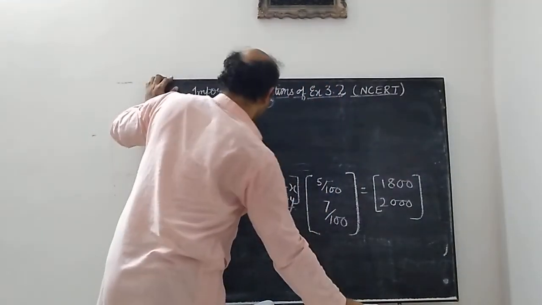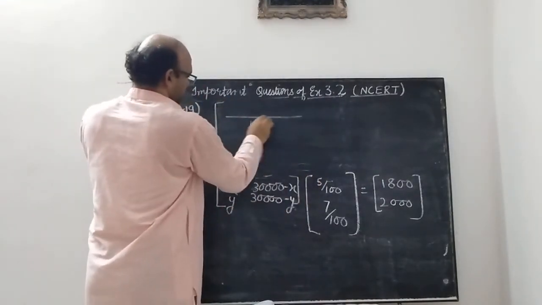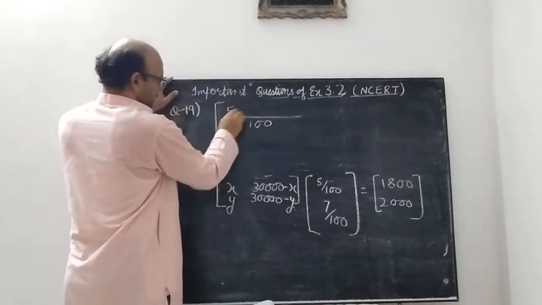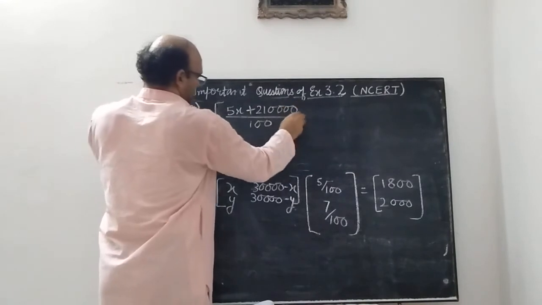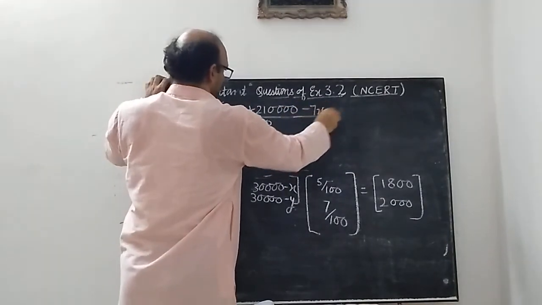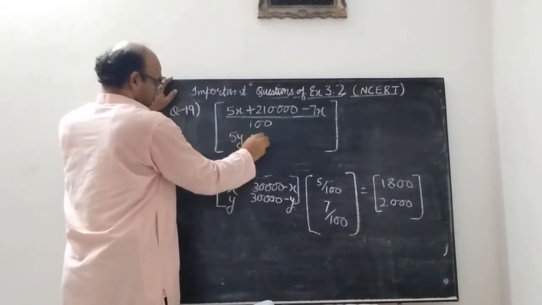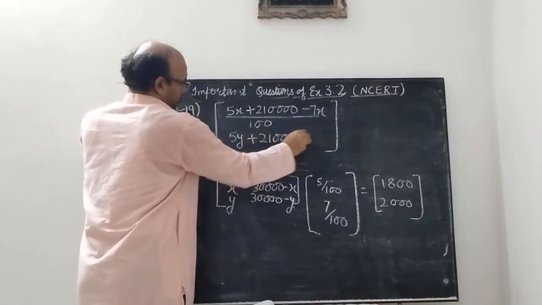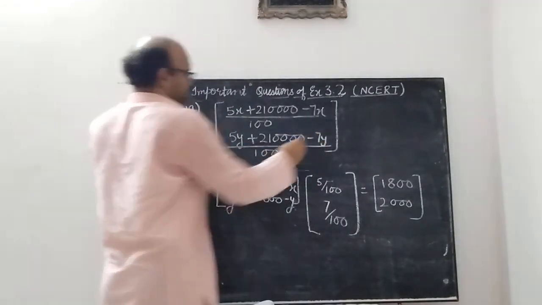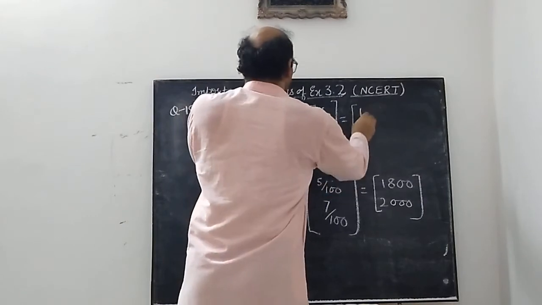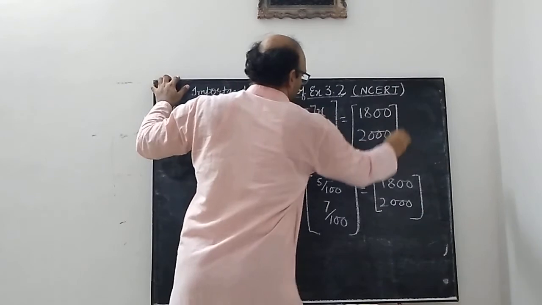So when you multiply, what we get is 5x, 100 is there, so 5x minus 7x, and then this is 5 plus 21 minus 7 divided by 100. In the first case we get 1800, then we get 2000.